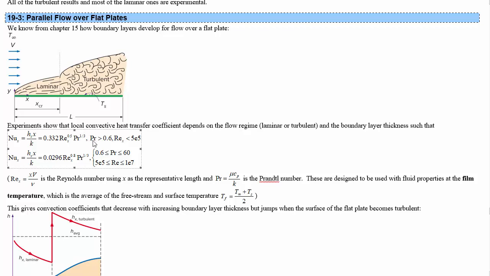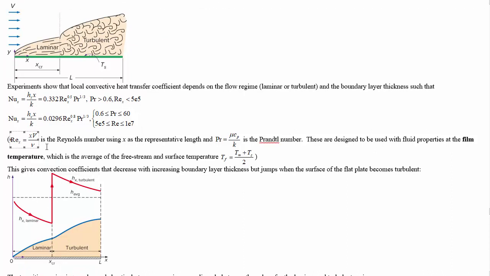And this is valid as long as the Prandtl number is greater than 0.6 and the local Reynolds number is less than 500,000. If we are at a higher Reynolds number regime, but not too high, and as long as the Prandtl number is less than 60, then you could use this turbulent region formula here.